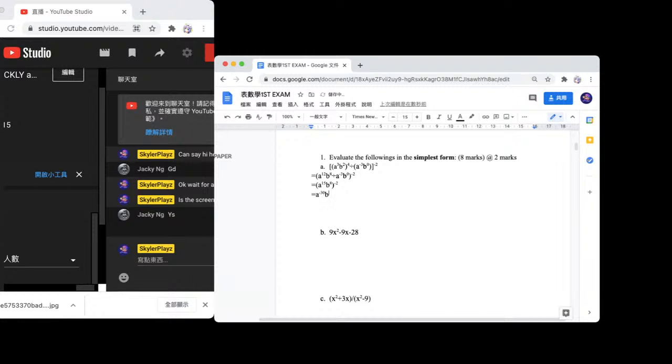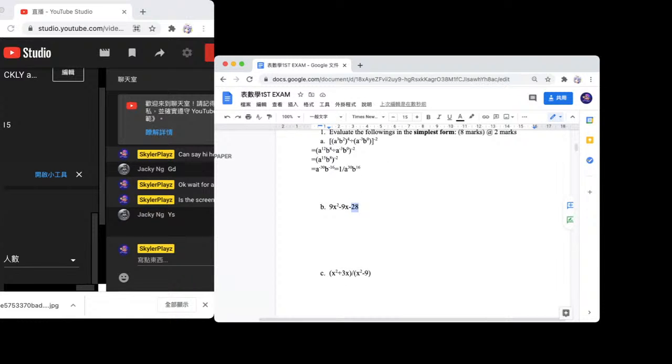But this is not the answer, because all of these are negative indices, so we need to do one more step. That is, create a fraction and put all of the negative powers into the denominator. So we will get a to the power of 30 and b to the power of 16. And this is the answer.